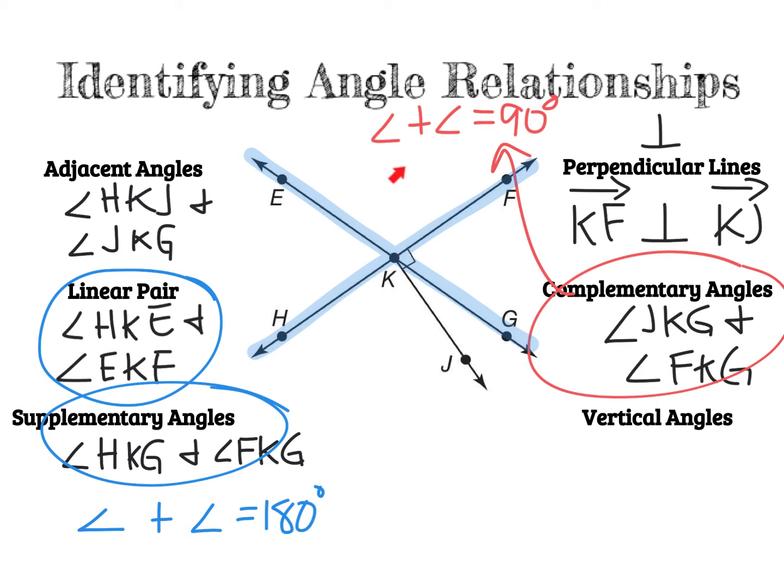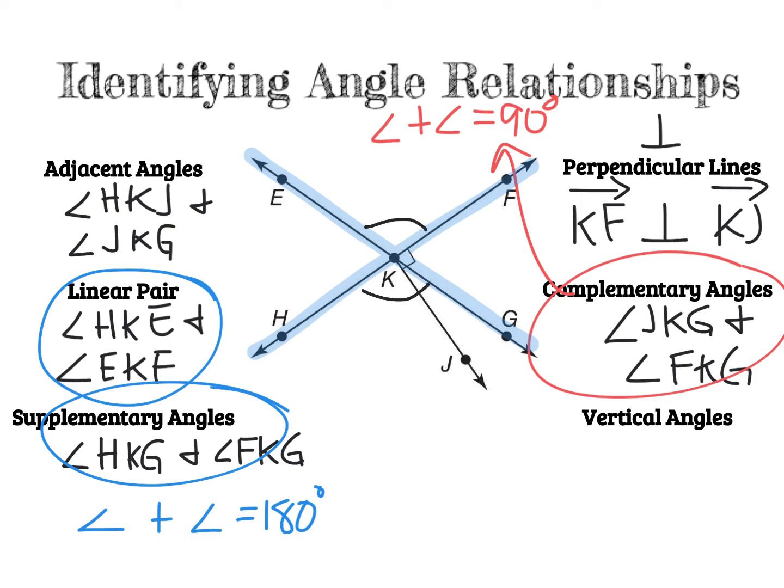We have an obtuse angle here, an obtuse angle here, and then two acute angles opposite of each other. Vertical angles are always opposite of each other. So here we have a scenario where you have an obtuse angle and another obtuse angle below it. Those two are congruent. They're always equal.